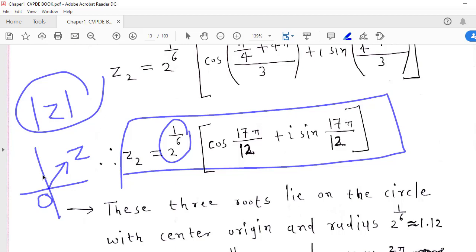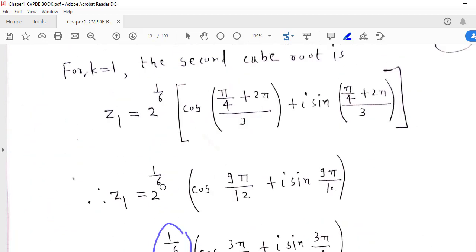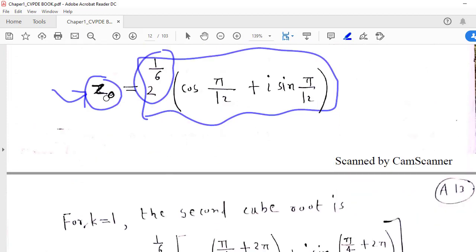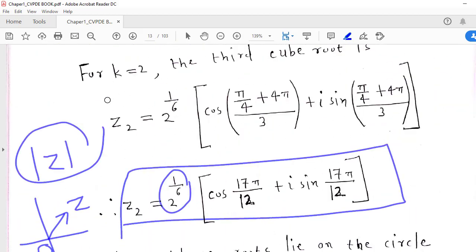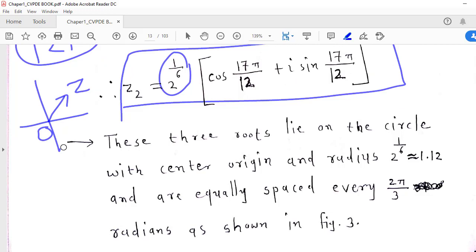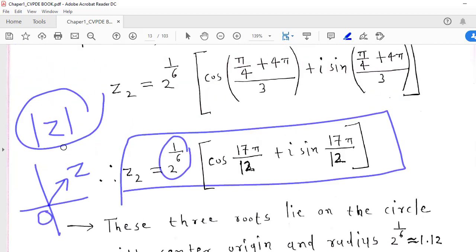Okay, so what you can observe from this, all the cube roots have the same modulus. That means they are at equal distance from the origin. Now if roots are at equal distance from the origin, then they are on which curve in the xy plane?